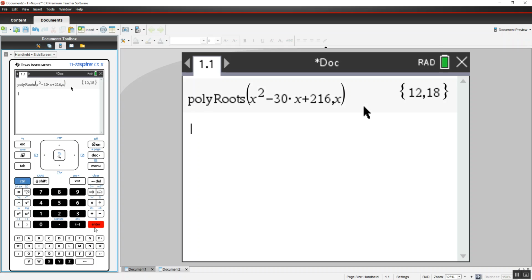So roots of a polynomial, right? And then degree 2, right? And you hit enter and you get 12 and 18.